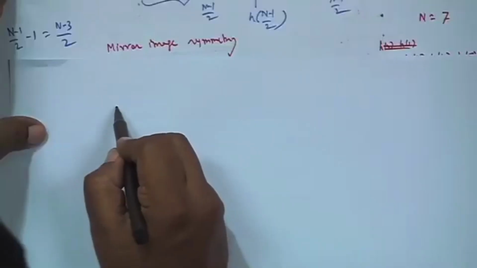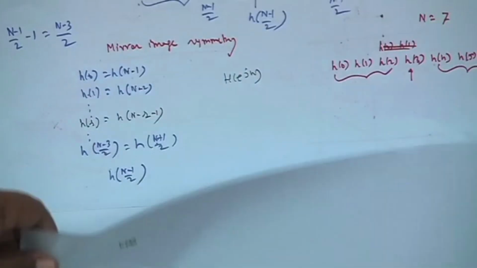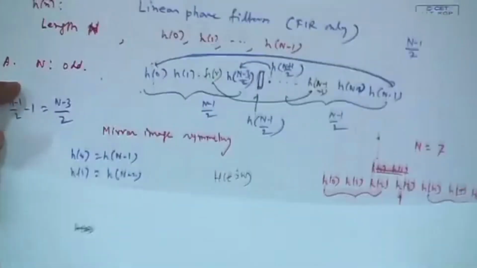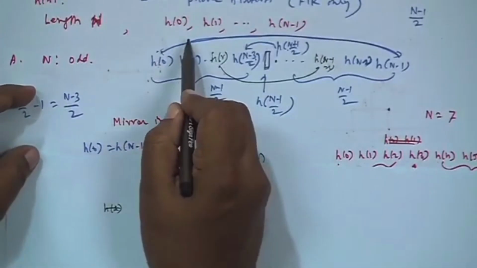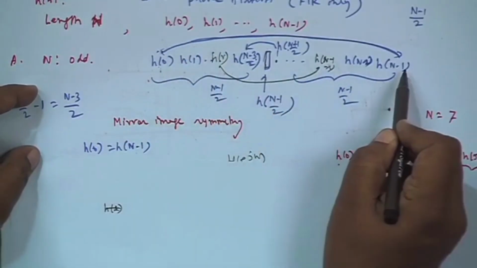So, actually then we have h 0. When you take the DTFT, you will have h 0 plus h 1 e to the power minus j omega, dot dot dot, h r e to the power minus j omega r, and so on.